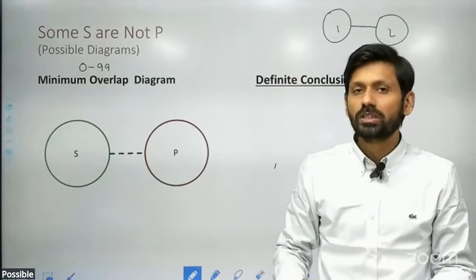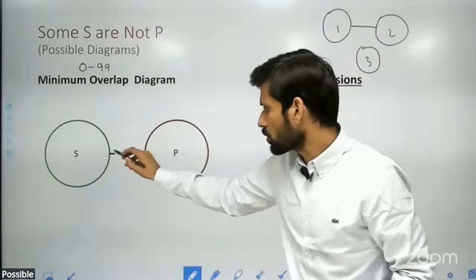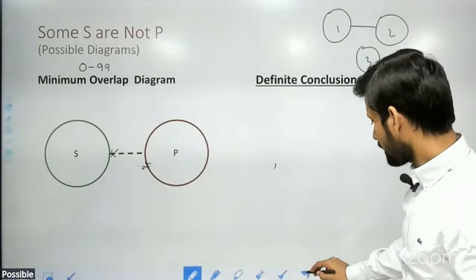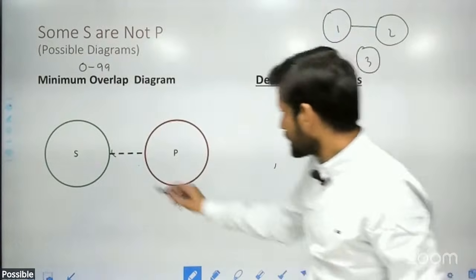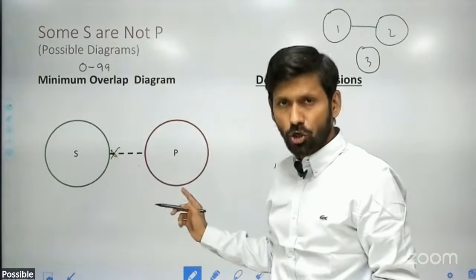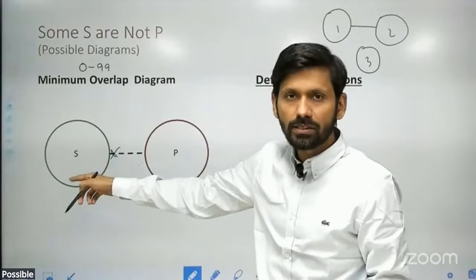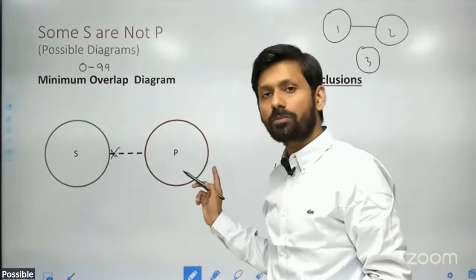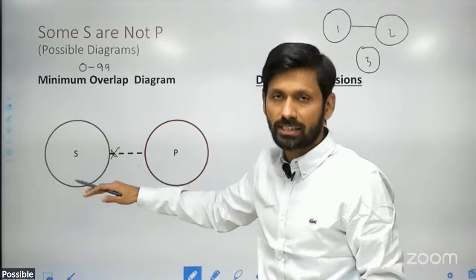So what I do when I'm drawing for some SR not P, I just draw a dotted line. Some of you would also want to just do a cross here, to show that the diagram is for some SR not P and not some PR not S. So I'm drawing a cross on the side of the S, so it shows that some elements of S are not P. But of course, this minimum overlap diagram is showing no SRP.